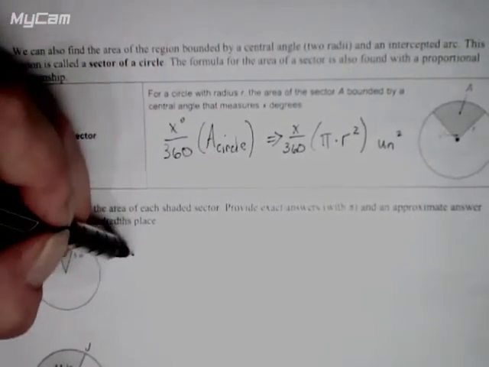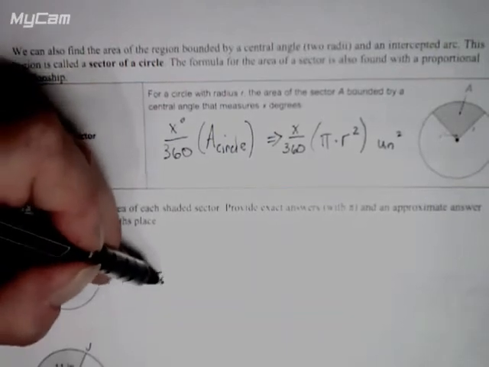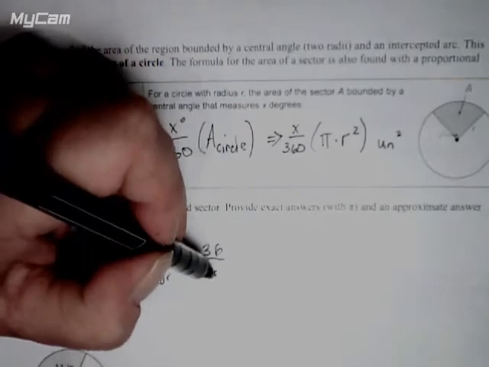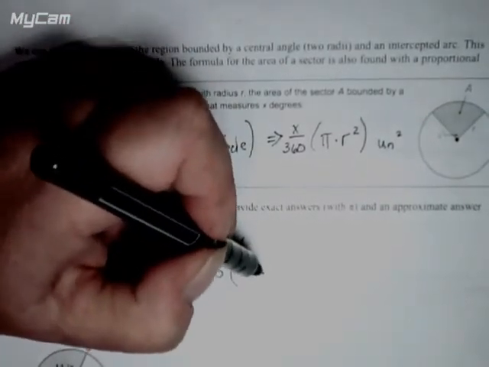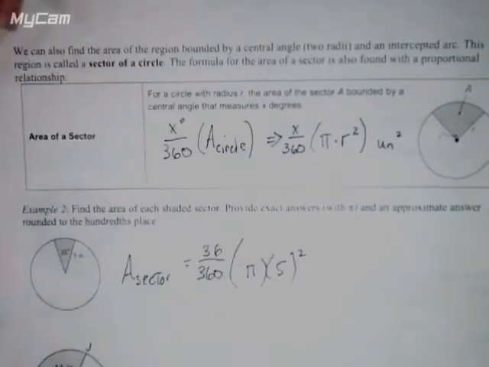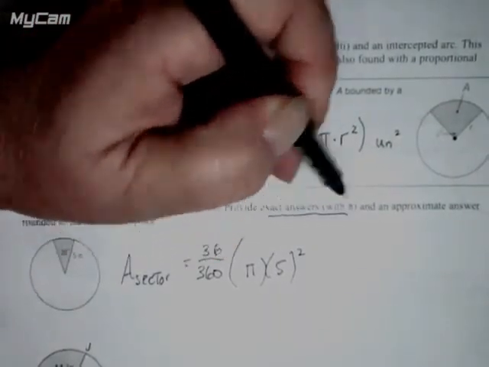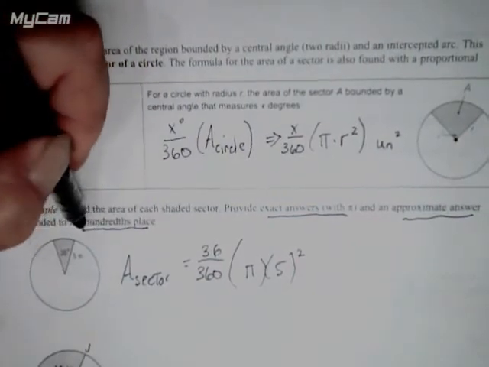So we now have area of a sector equals 36 over 360 times pi times 5, that's the radius, squared. It wants exact answers and approximate answer to the nearest hundredths.